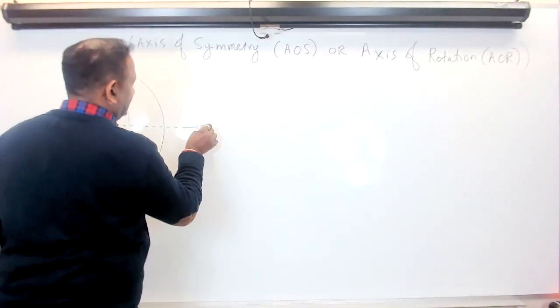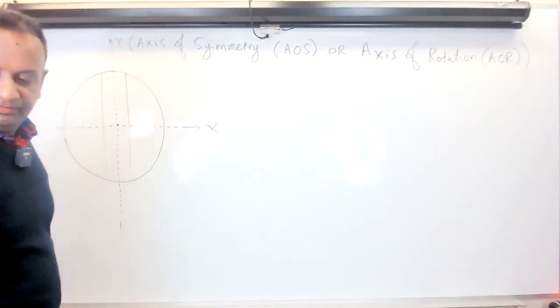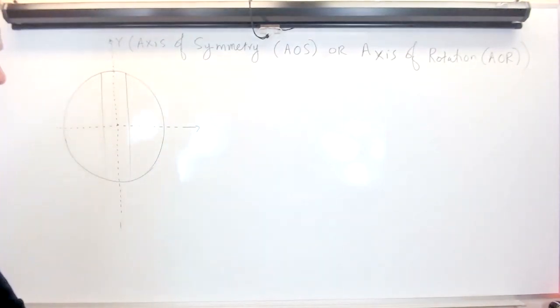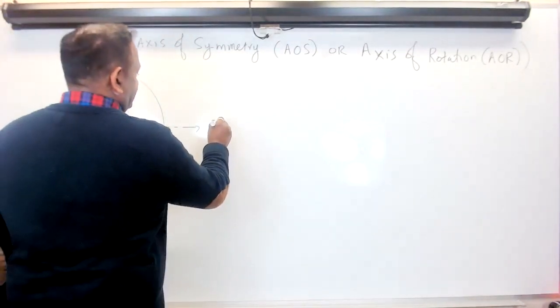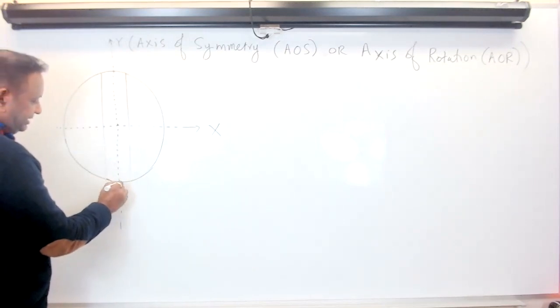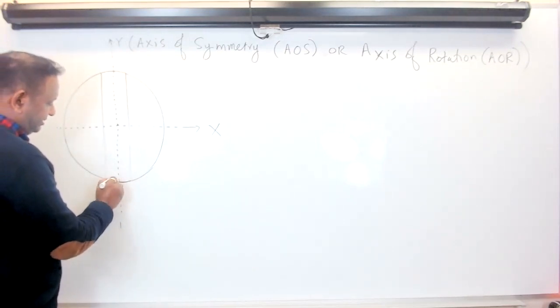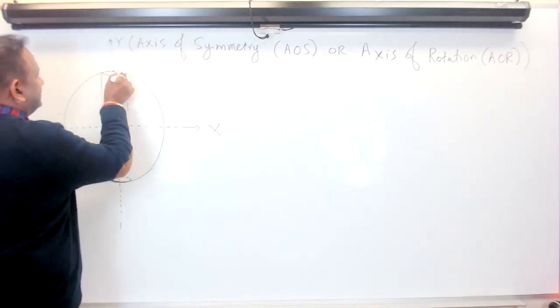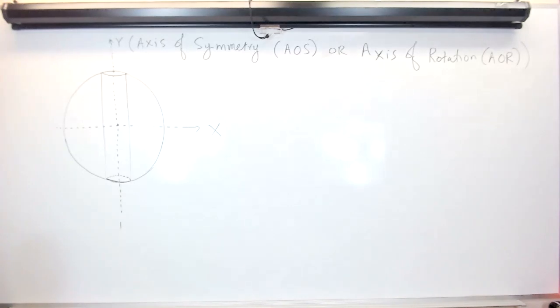This is x. So there's a cylinder, a cylindrical shape. We go to the other side like this, and that cylinder has been taken out. It has a radius.